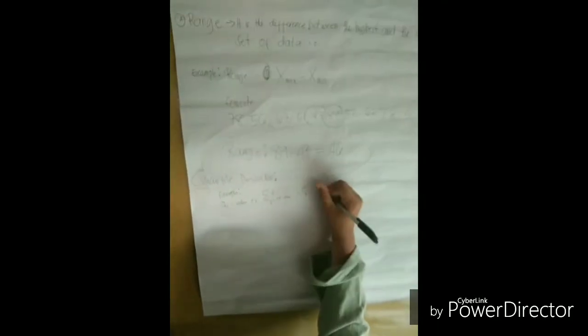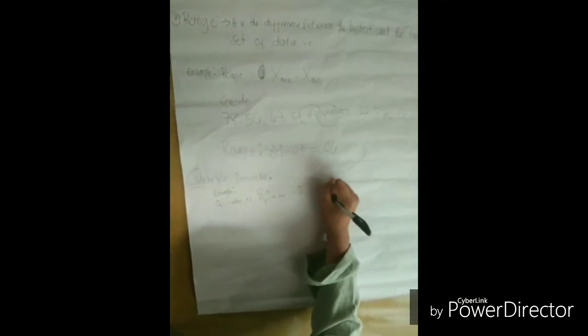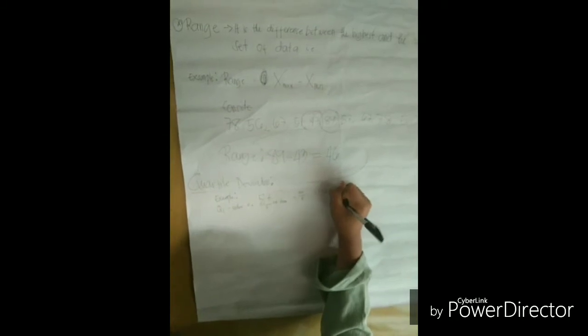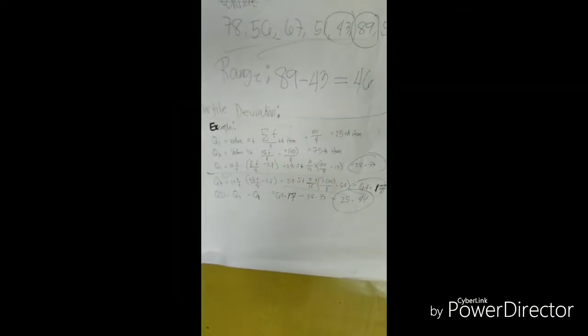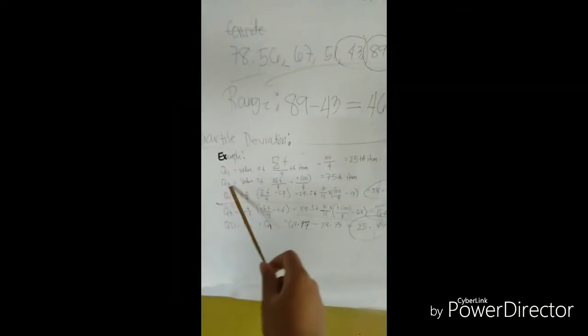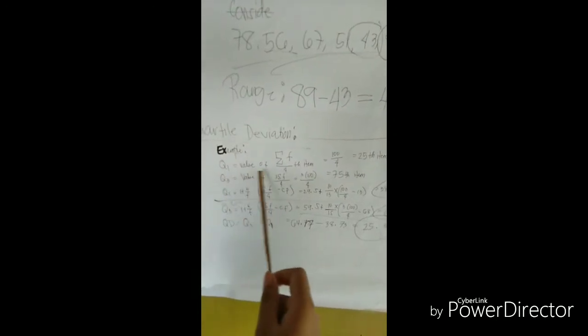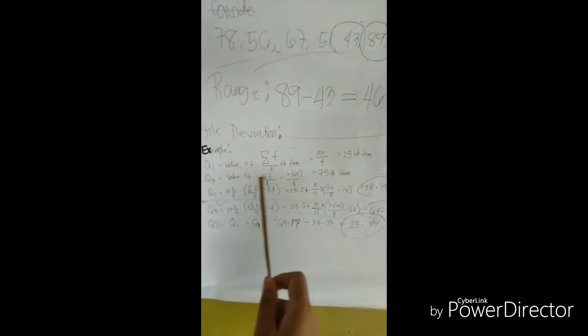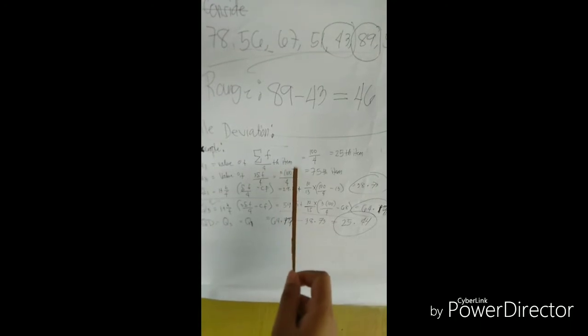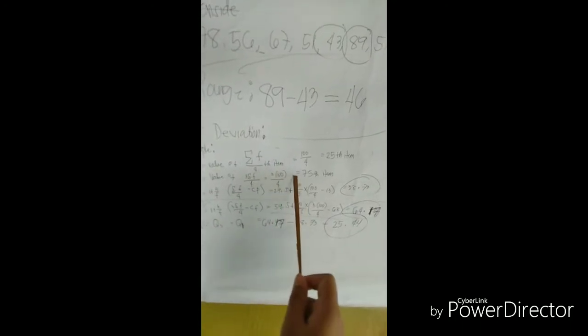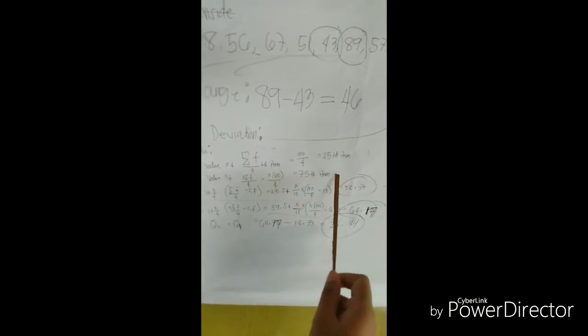100 divided by 4 equals 25. Third quartile, value of 3 times N divided by 4 equals 3 times 100 divided by 4 equals 75th item.